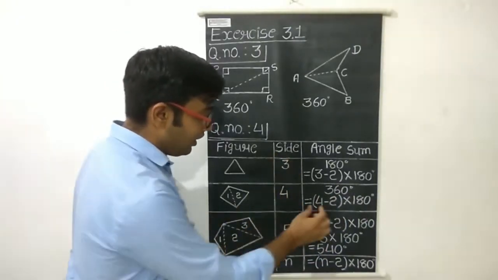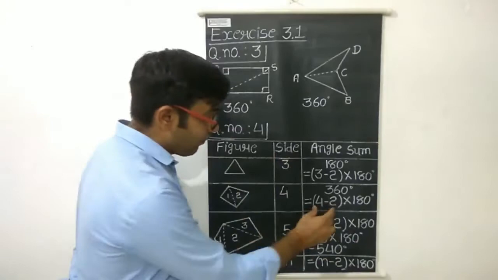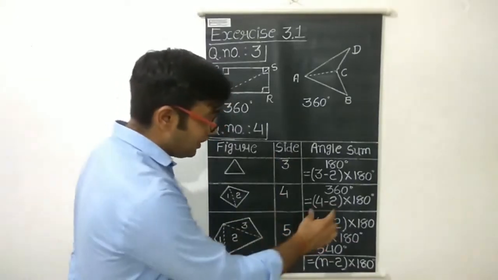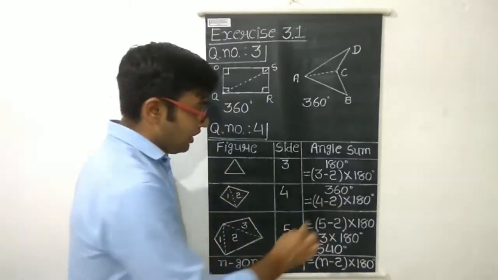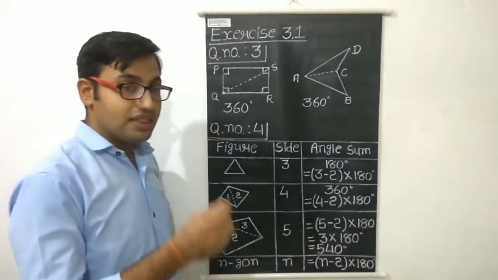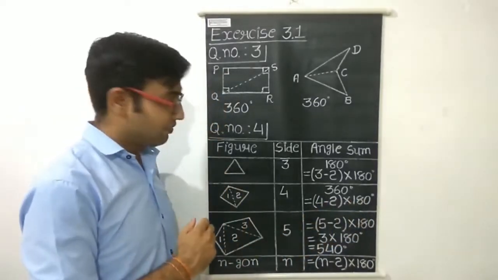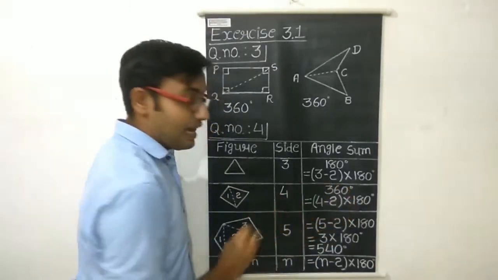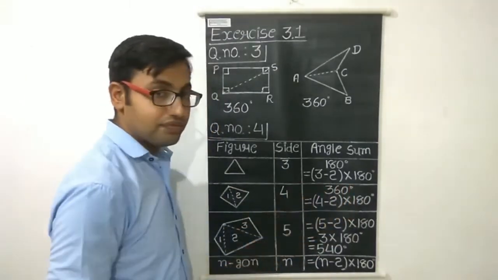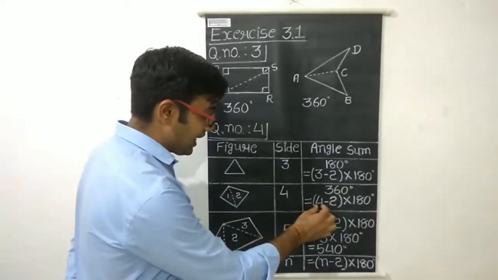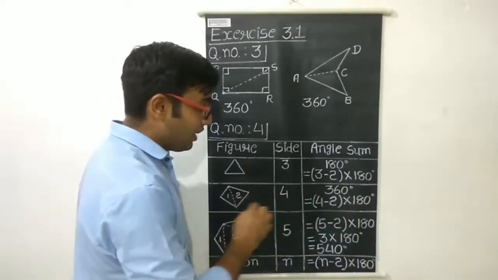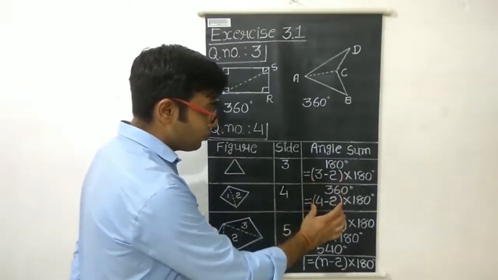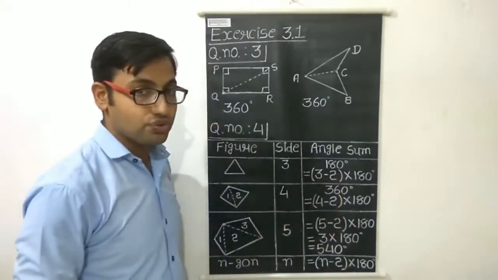Consider the side, and if we subtract 2 from the side, then 4 minus 2 is equal to 2, and 2 into 180 degrees is equal to 360 degrees. So we get our exact figure, 360 degrees. Here also we relate the side and 180 degrees. So now you understand why we rewrite it as 3 minus 2 and this as 4 minus 2.